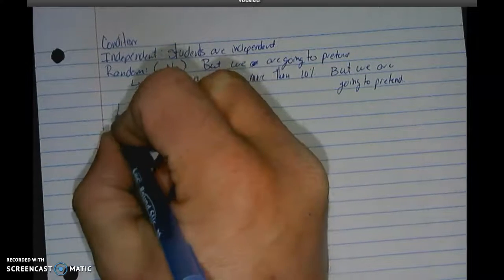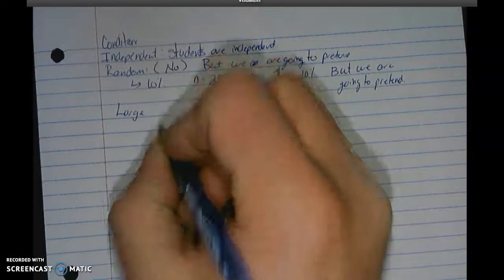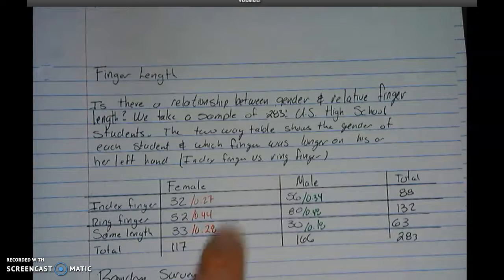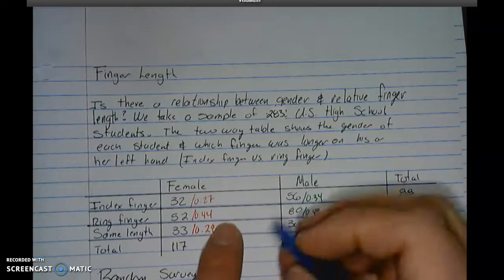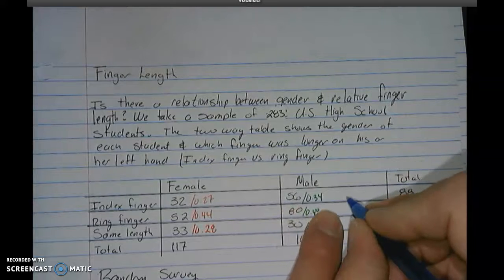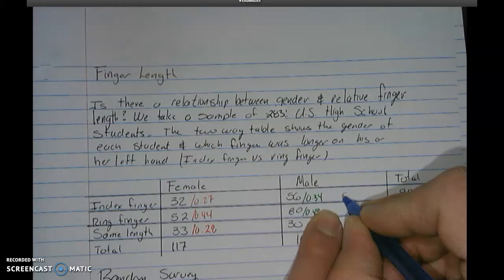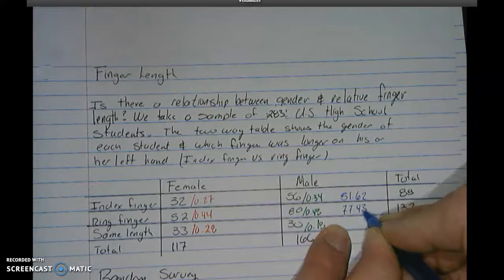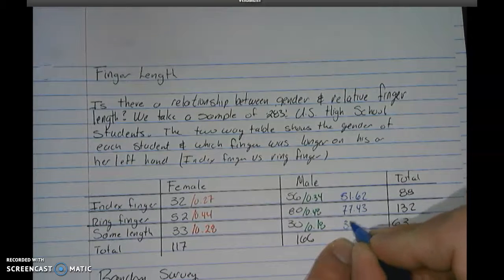What's the last thing we have to do? Large counts, which means that all our expected counts need to be greater than 5. You calculated them all for us already? Yep. Okay, let's go male index? 51.62. Ring finger? 77.43. 36.95.